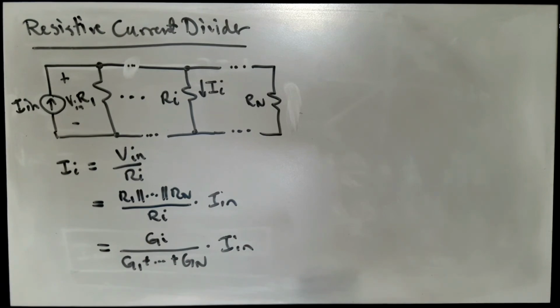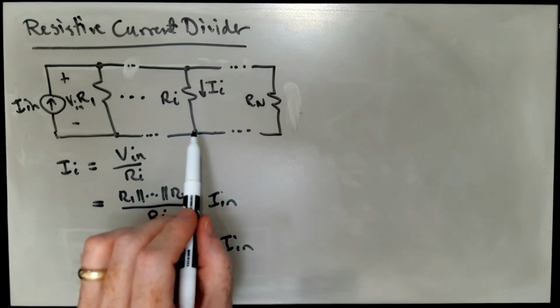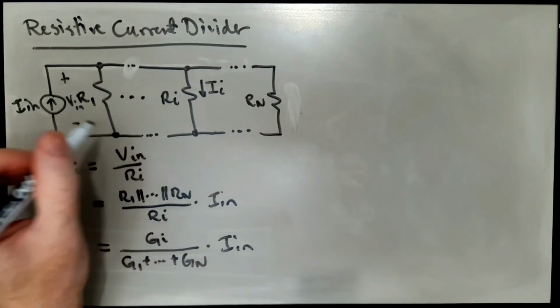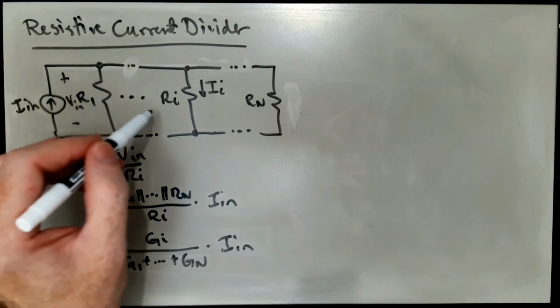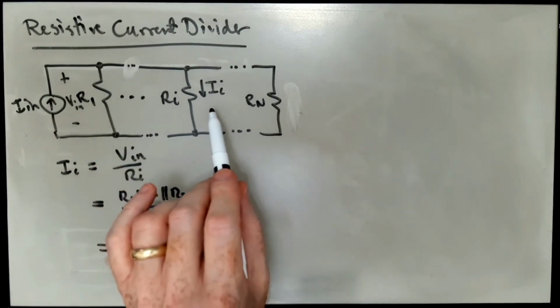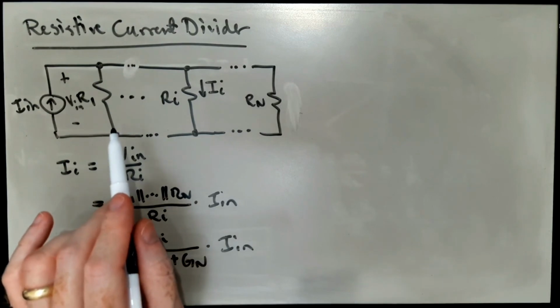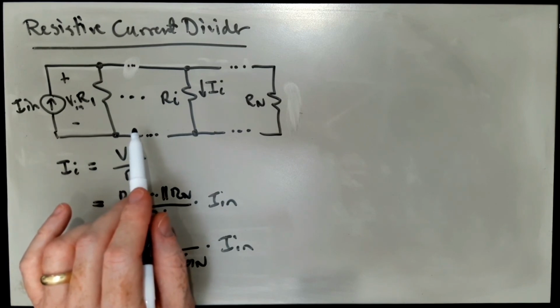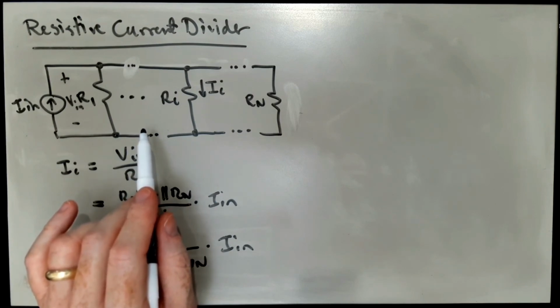In the case of the resistance of the branch whose current we don't care about divided by the sum of the branch resistances form, we can apply that current divider form, but to apply it we have to take all of the other resistors that we don't care about, R1 up to Ri minus 1 and Ri plus 1 up to Rn, and lump them together into a single equivalent resistor. Then we wind up with a simple two-way current divider with equivalent resistances.